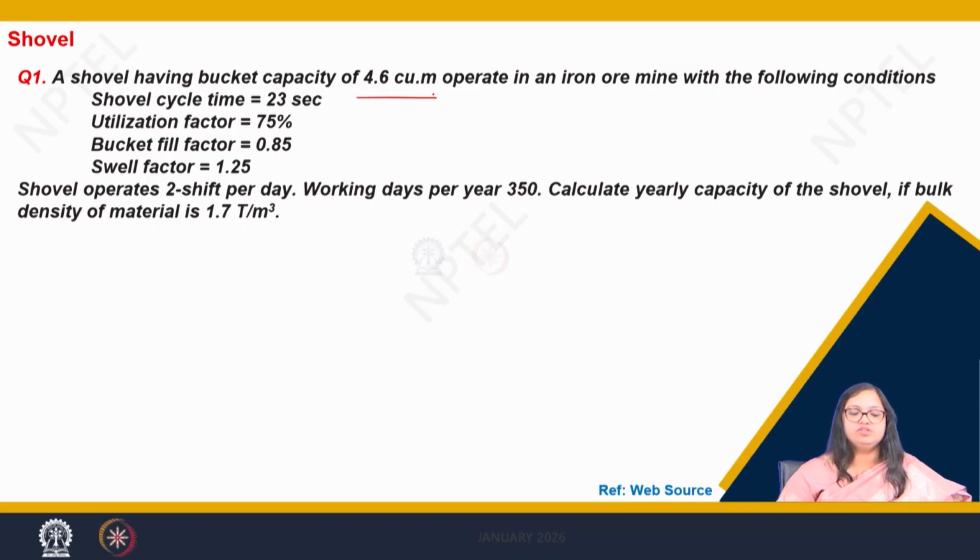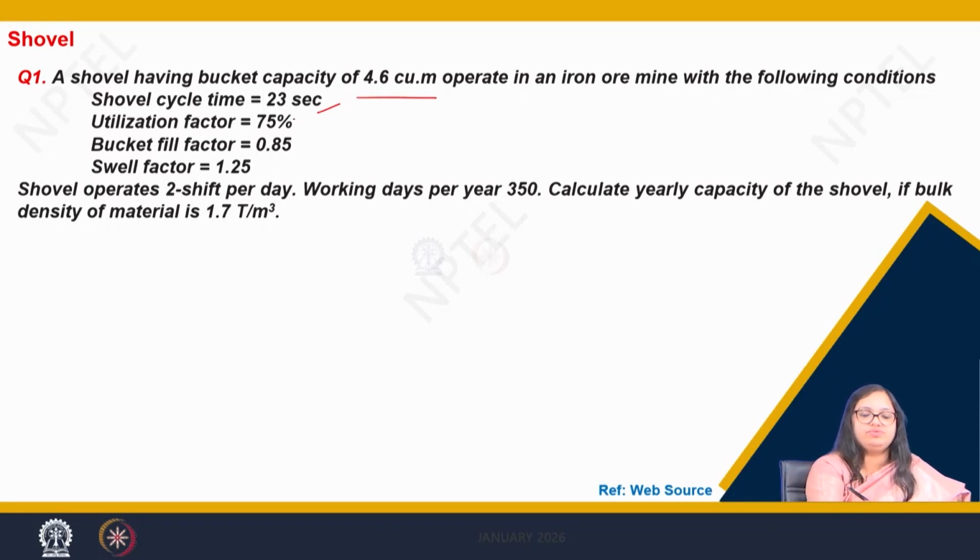The shovel cycle time is 23 seconds. So, what is the shovel cycle time? That it digs onto the virgin rock, retracts it, and then moves around, dumps it onto the dump truck, and then returns to the same position. So, this complete is the shovel cycle time.